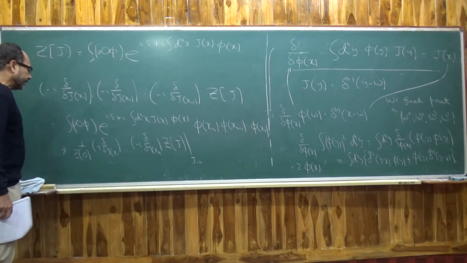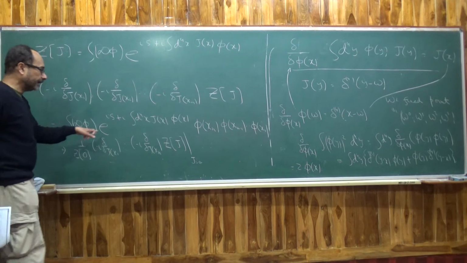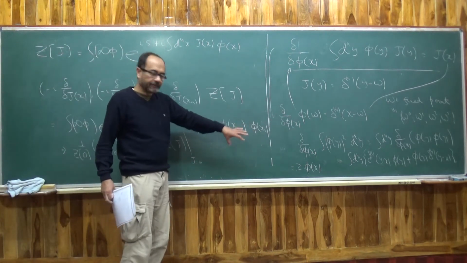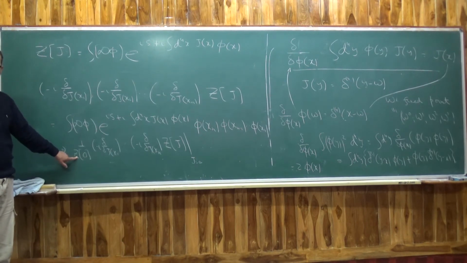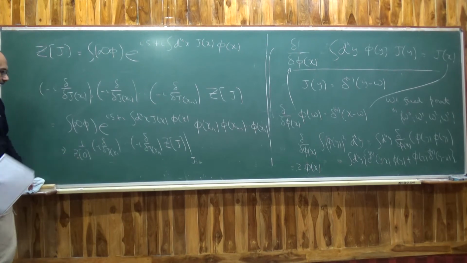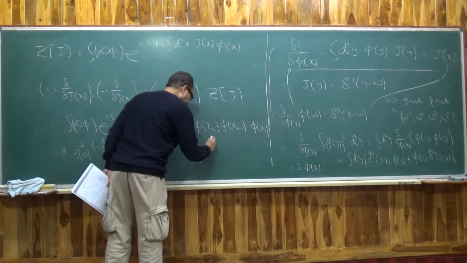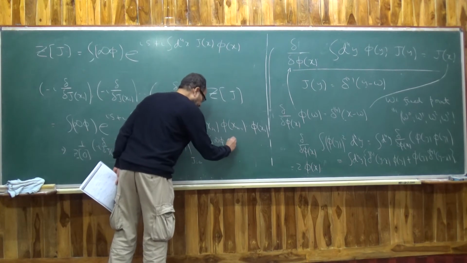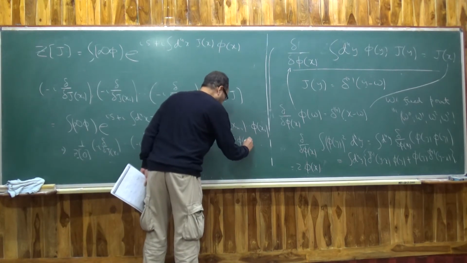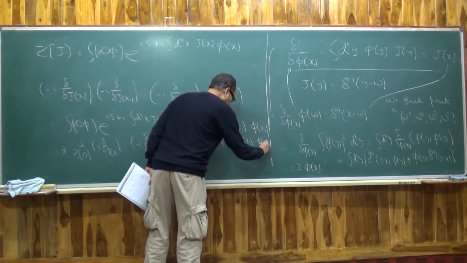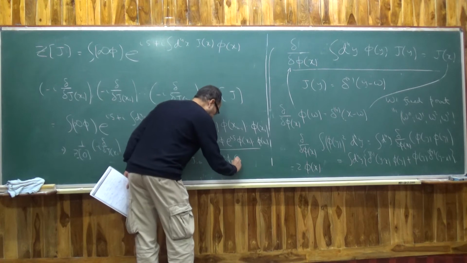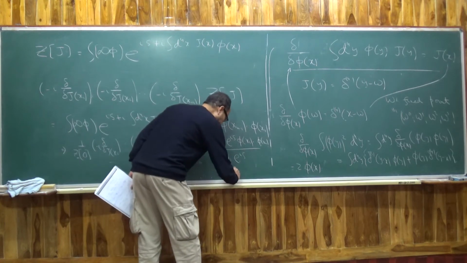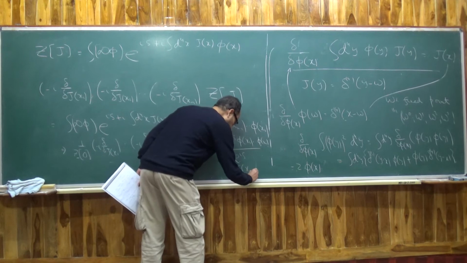But then you have to divide out by the same integral but without the phi's. That's the normalization factor. That division is by Z of 0, which means Z evaluated at J equal to 0. So this is integral d phi e to the iS phi of x1 to phi of xn divided by integral d phi e to the iS, which is what we have been calling the Green's function G of x1 to xn.